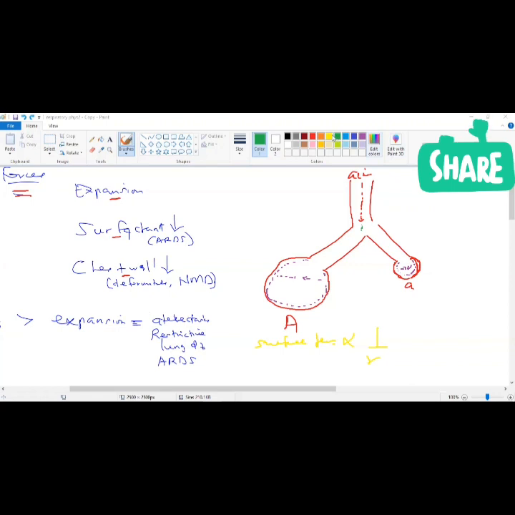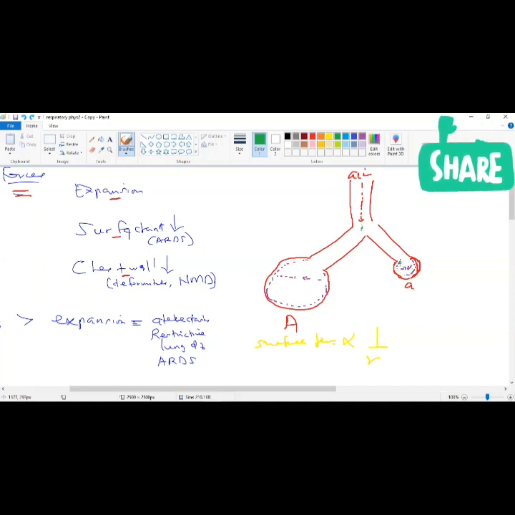Quantity-wise, which alveoli do you think will require the most amount of surfactant on the surface? The smaller one or the larger one? In terms of concentration, it's going to be the smaller one, because the smaller one has the highest surface tension.